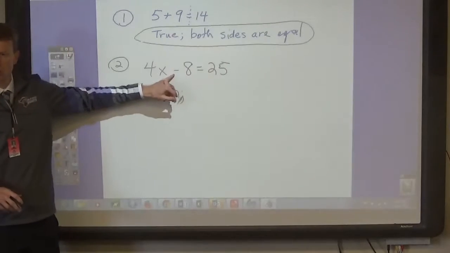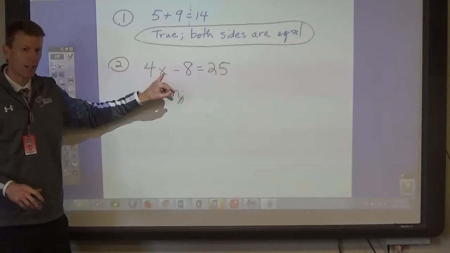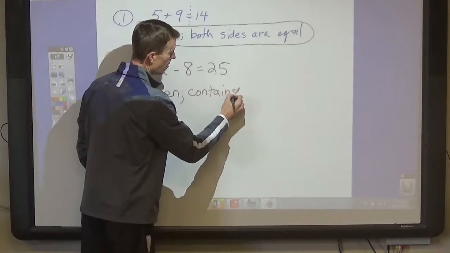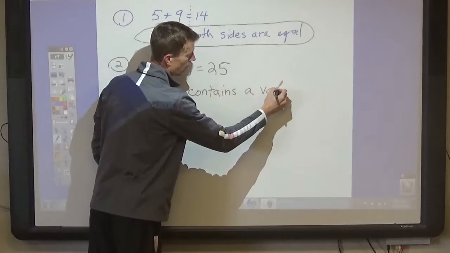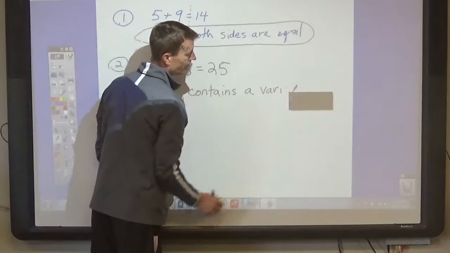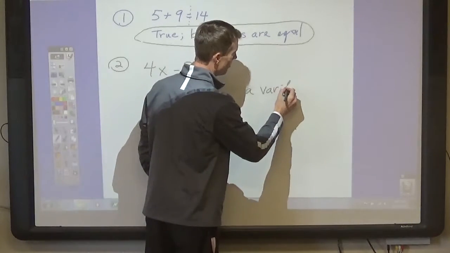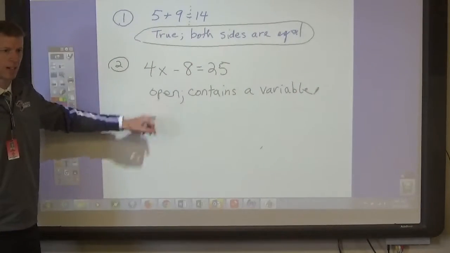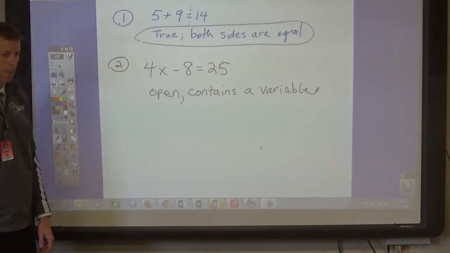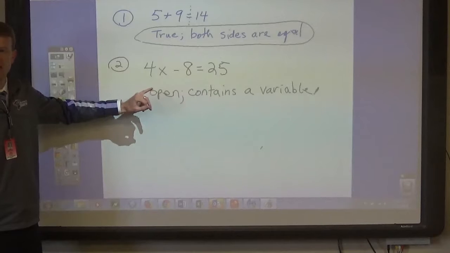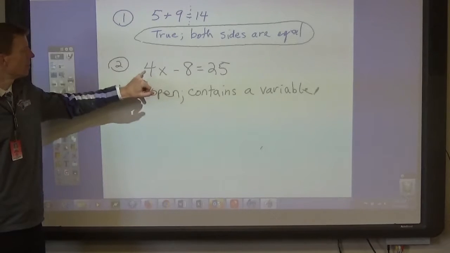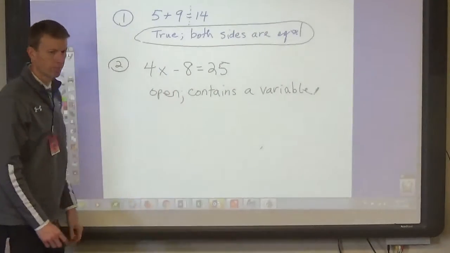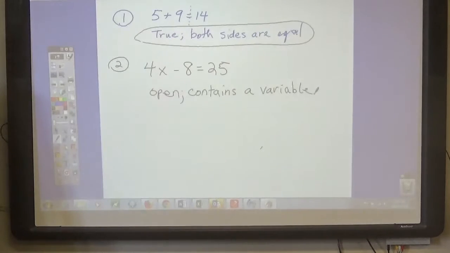We don't know if it's true or false because it contains a variable. An open sentence contains a variable. Wait, what's an open sentence? An open sentence contains a variable. This is called an open sentence because it contains a variable.